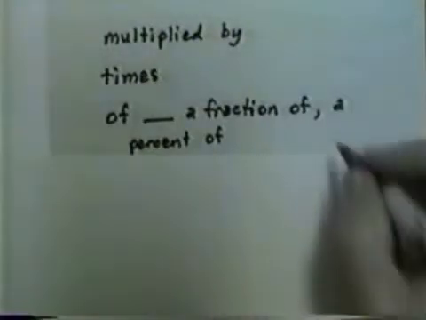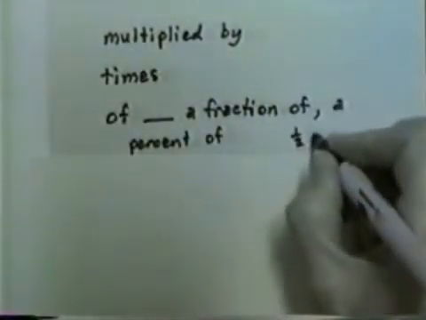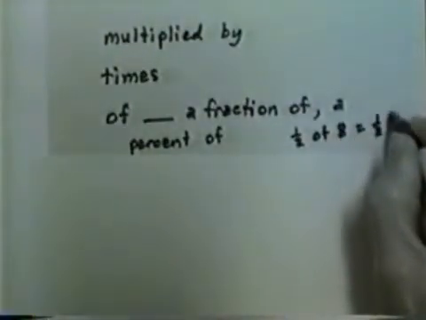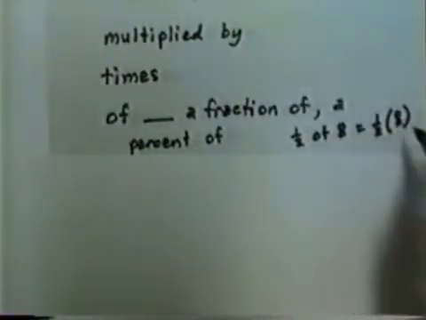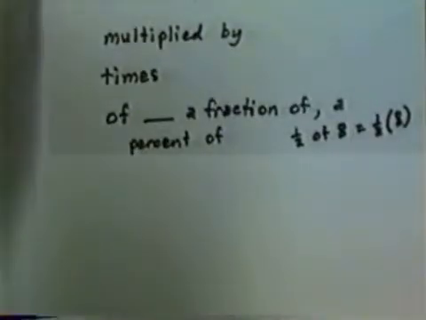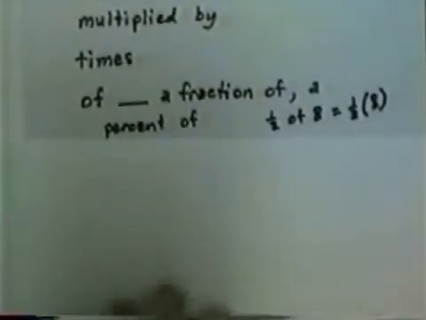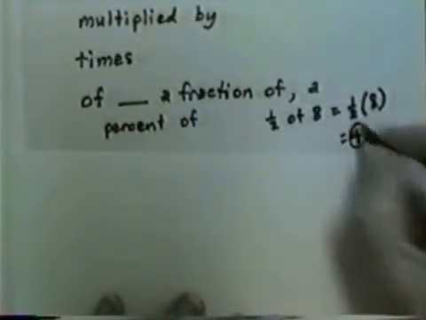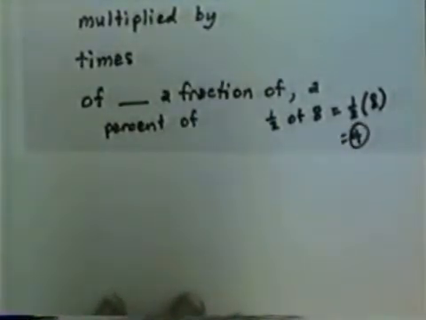For instance, if we have half of 8, that means 1/2 times 8, and half of 8, as you know, is 4. So half of 8 means 1/2 times 8, which is 4.